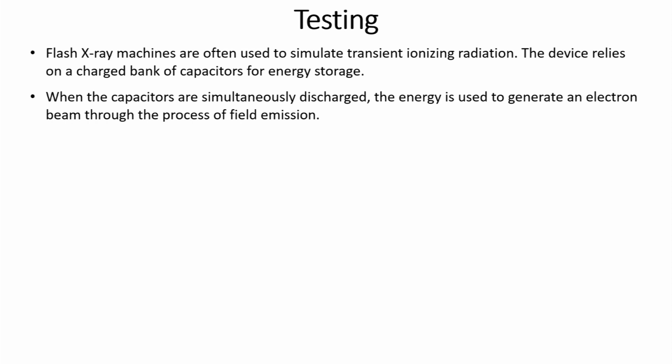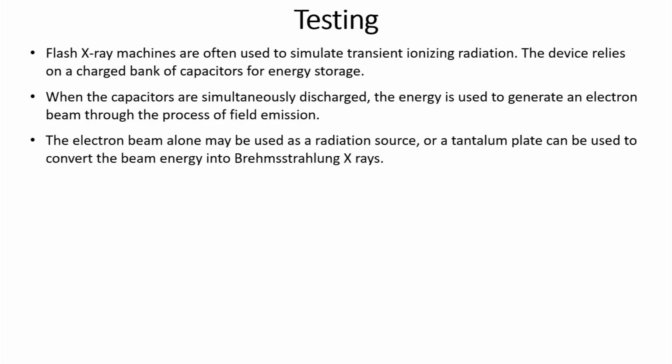Field emission means you are using a very high electric field to excite electrons from a material, which gives rise to free electrons being struck out of it. That is called the process of field emission.